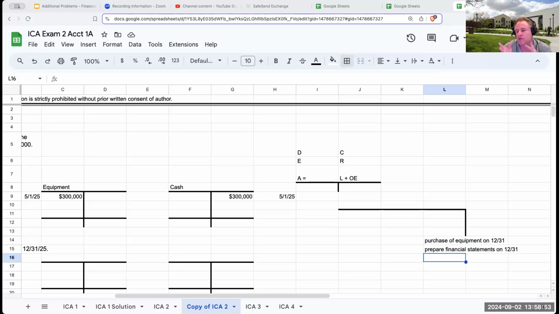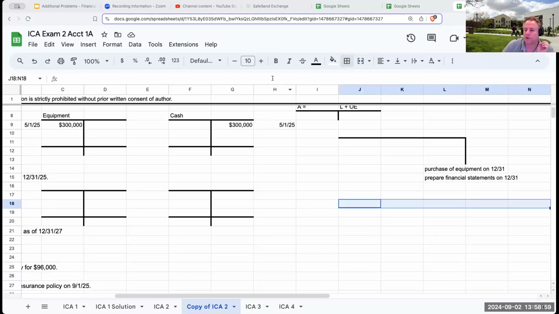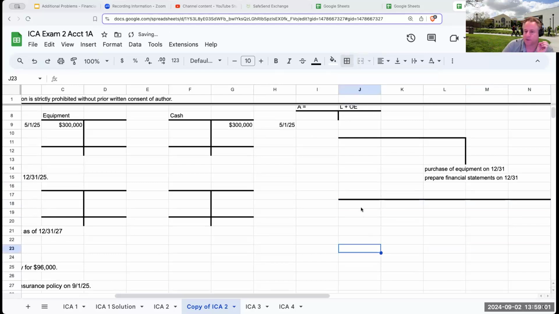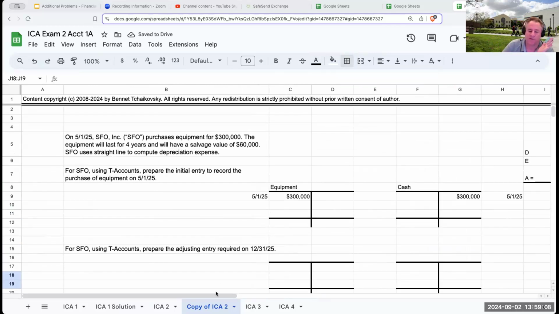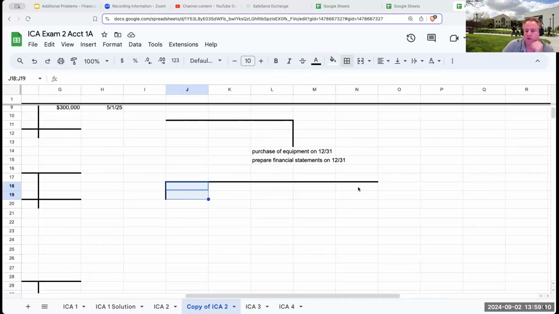But the reason why we did this is because if I purchase it during our year, say I'm looking at my year, and this is currently 2025, this would be 1/1/25 and this would be 12/31/25.